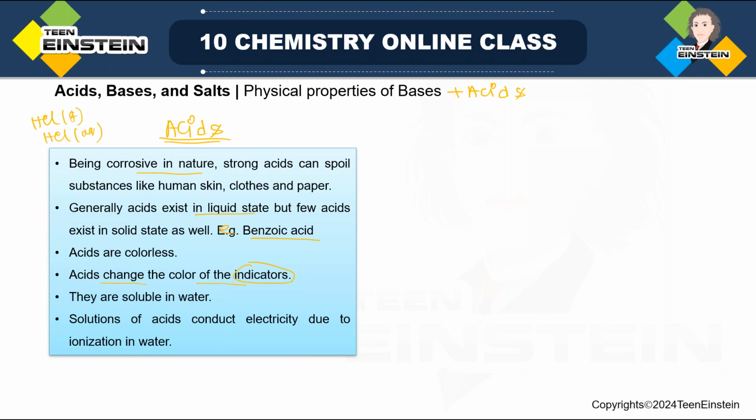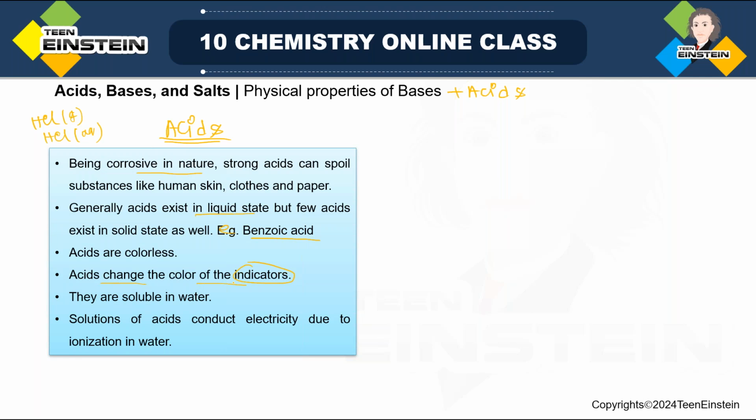Now, indicators will be discussed separately as a separate topic, but remember they are those substances which help us understand whether a solution is neutral, acidic or basic. That is the simplest way I can define indicators. And how do they do so? By changing color.